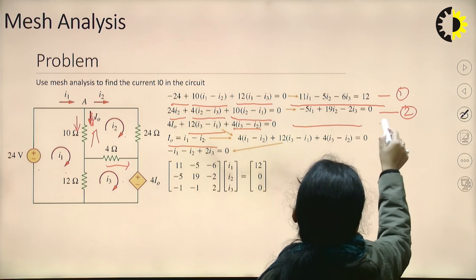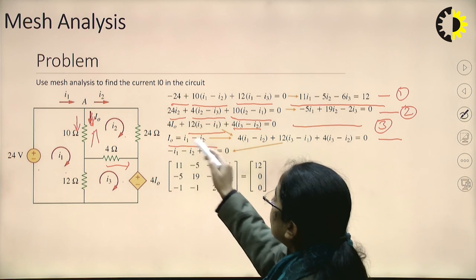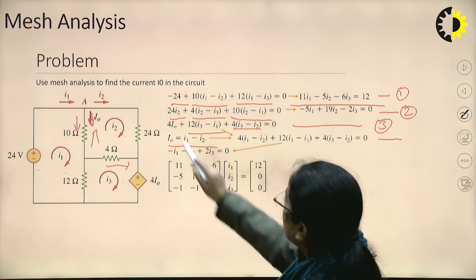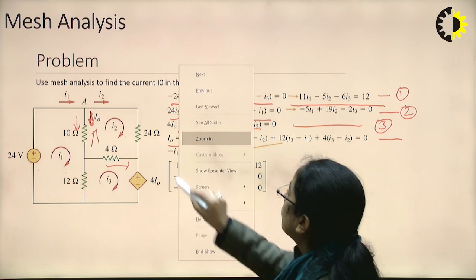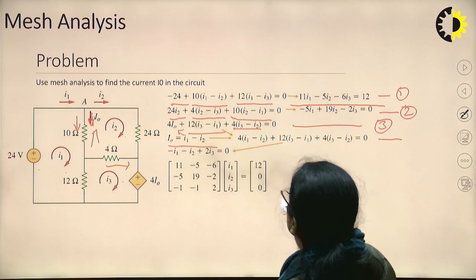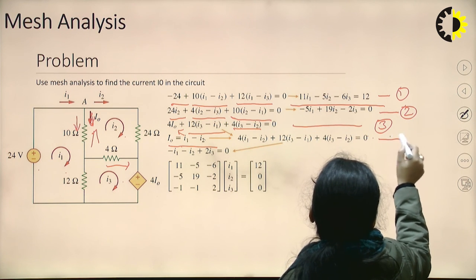Putting the value of I0 as I1 minus I2, equation 3 will become this.